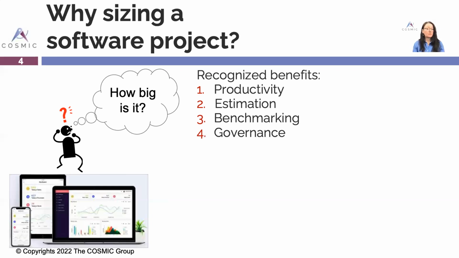There's also governance that can be done, whether you want to monitor the relative cost of annual software maintenance or the performance of suppliers to which you subcontract software development. And also for quality reasons, because while measuring the software size, we're using the requirements information that is available.